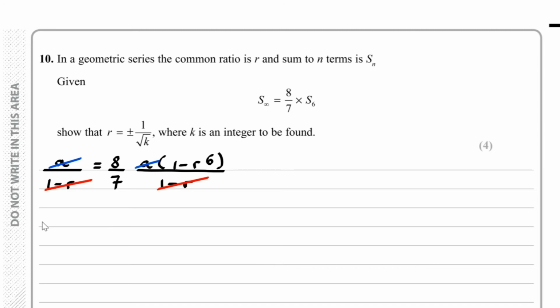So we are left with, if I multiply through by 7, we've got 7 equals 8 lots of 1 minus r to the power of 6. We need to find out what r is. Well, if I rearrange, I would have r to the power of 6 equals 1 over 8.